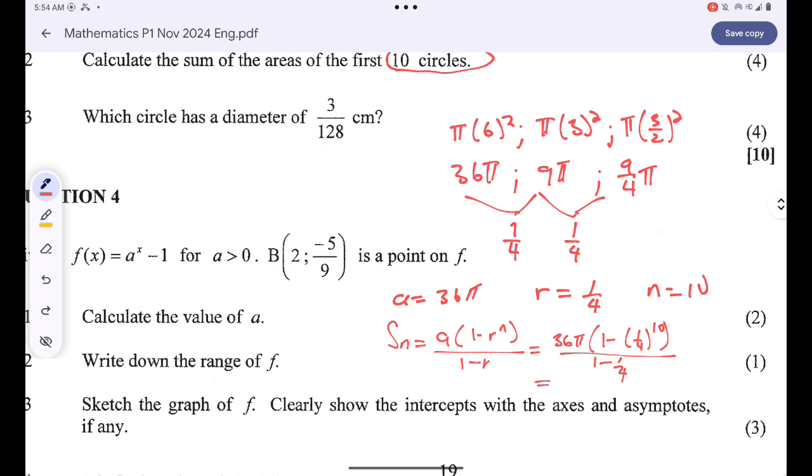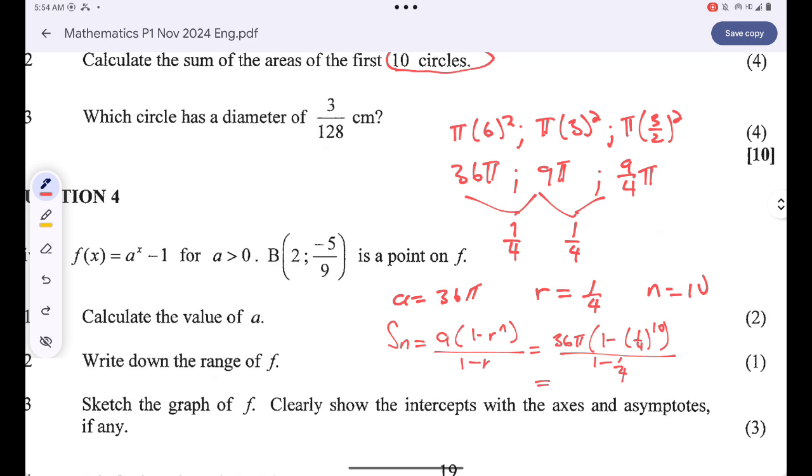Let me just punch my calculator. 36 pi multiplied by 1 minus 1 over 4 to the power 10, close bracket, over 1 minus 1 over 4.